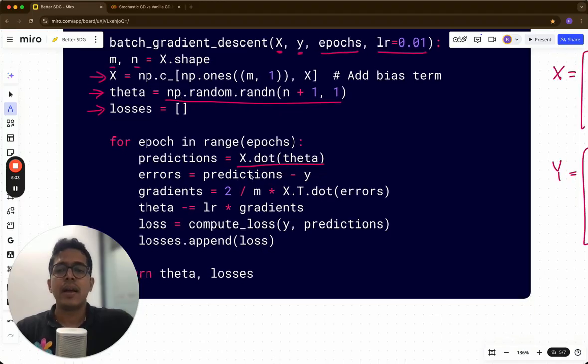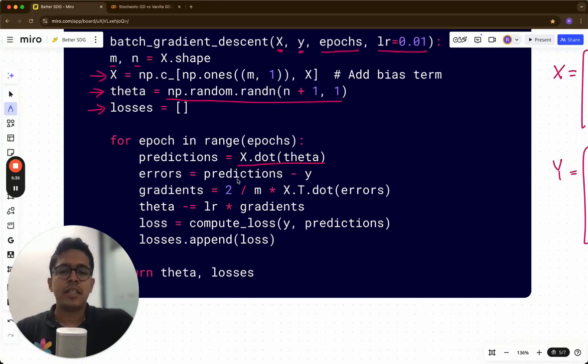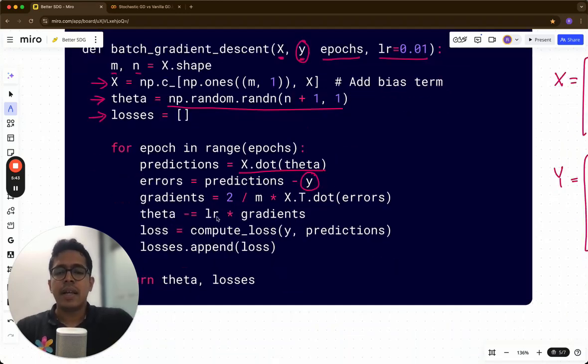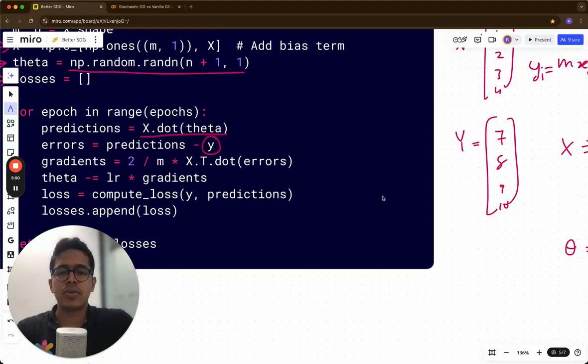and then the error is nothing but the difference between the prediction and the actual value of y. The actual value of y you are passing into the function over here. Now the gradient is 2 by m times x times t dot errors, which is also fairly easy to understand.